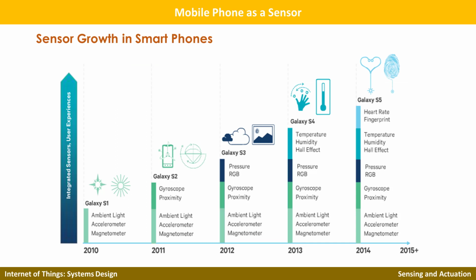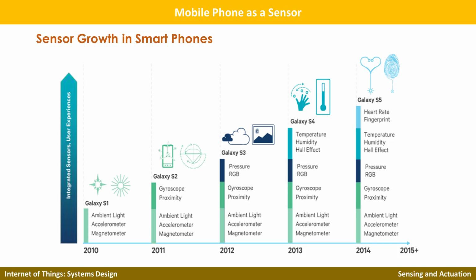This is a bit of an old figure, but it tells the point very clearly. Year by year, mobile phone manufacturers are embedding more and more sensors into the mobile phone. For example, in 2010, there were 3 sensors in the Samsung Galaxy smartphone.